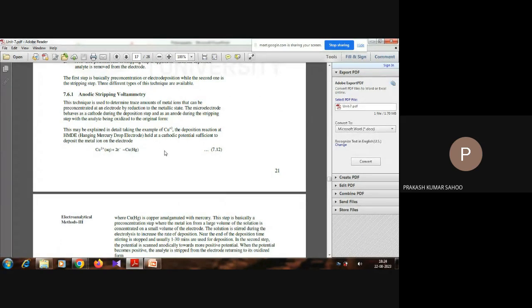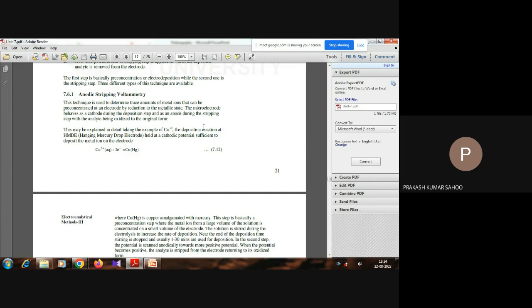In anodic stripping, this technique is used to determine trace amounts of metal ions that can be pre-concentrated at an electrode by reduction to the metallic state. The microelectrode behaves as a cathode during the deposition step, and as an anode during the stripping step, with the analyte being oxidized to the original form.